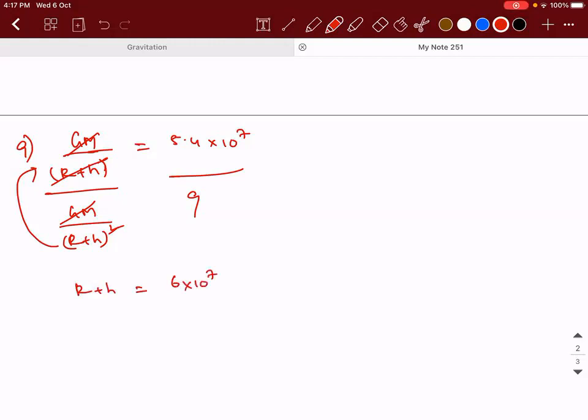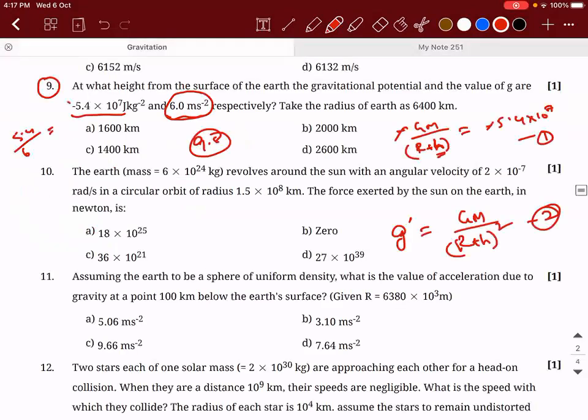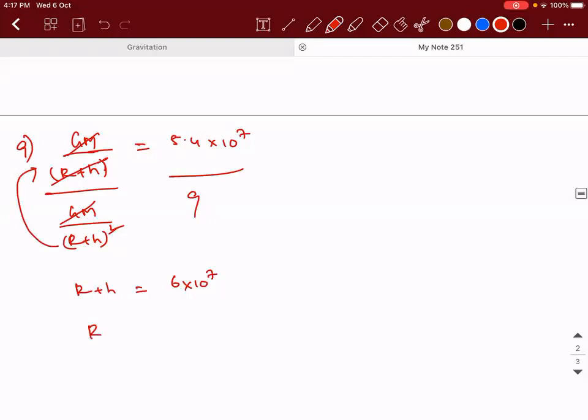They gave the potential as minus. I cancelled it here. Oh, okay, sir. Understood. R will be equal to 6 into 10 power 7 minus 6,400. G is 6.